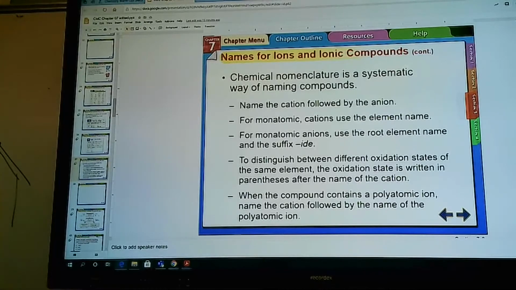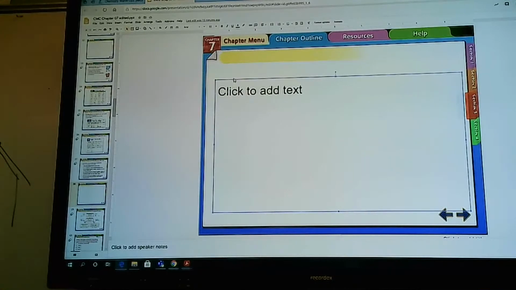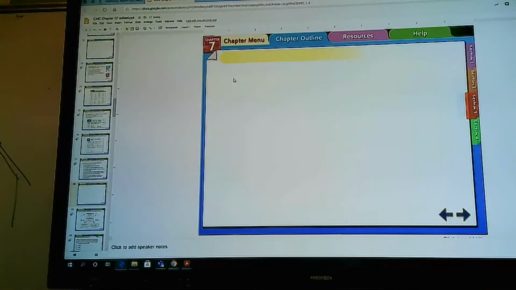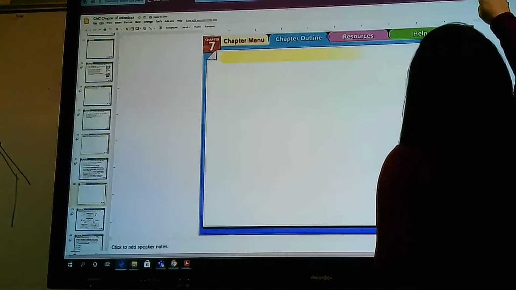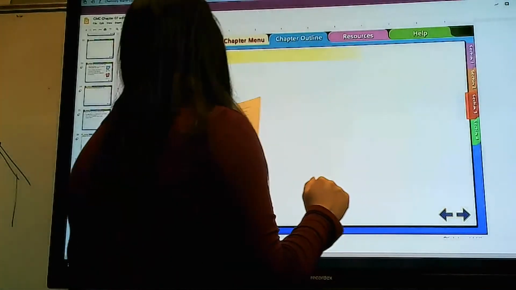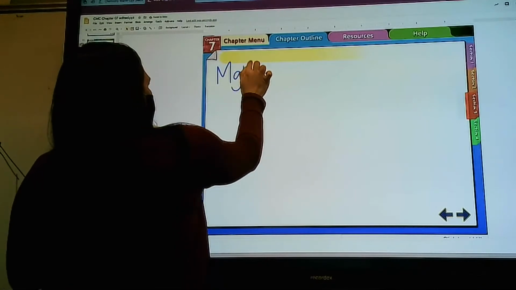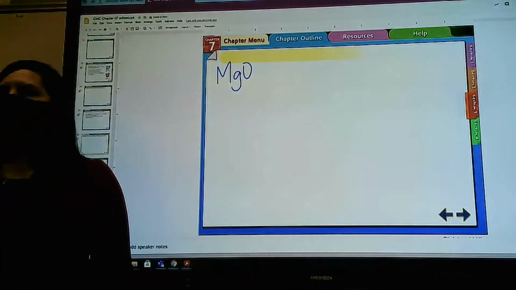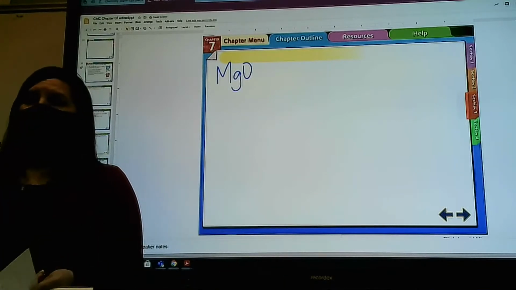All right, so going on to our examples here. Okay, so the first example is MgO. If it is not a transitional metal, honestly, this is fairly easy.